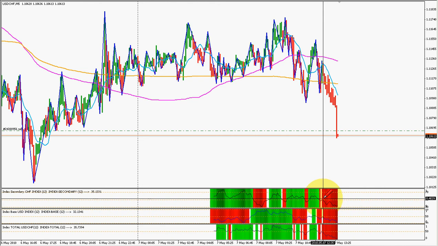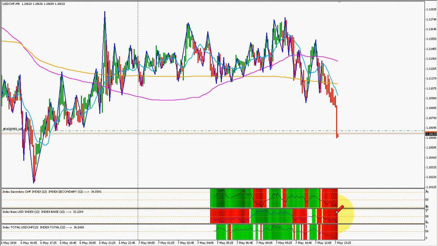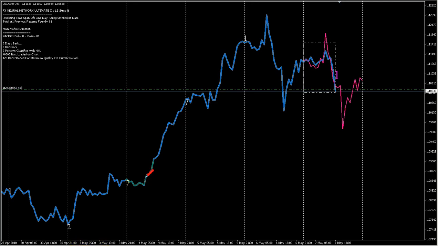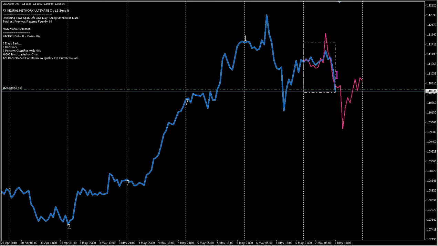Right after that the Swiss index also followed, matching both of them, pushing this pair lower, and there you go, the total index moving lower, and this confirmed this projection that this pair is going to move lower.